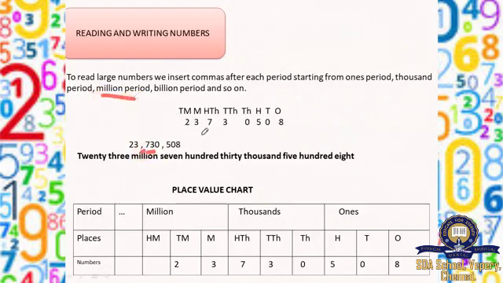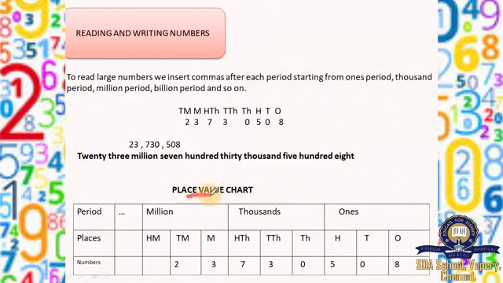Next is the million period. Million and 10 million together is called a million period. So the number will be read as 23,730,508. The reason why it is written as 730,000 is that 7 is present in the 100,000 place. So it is 730,000.